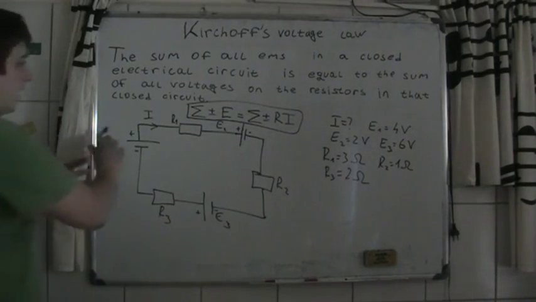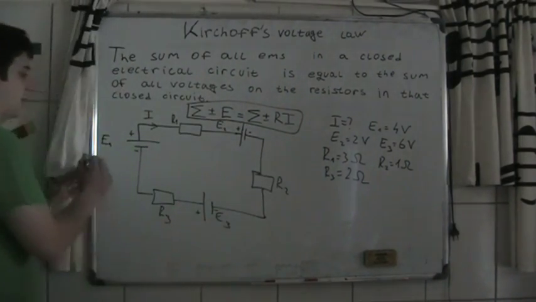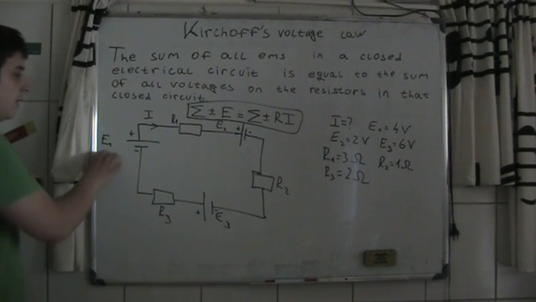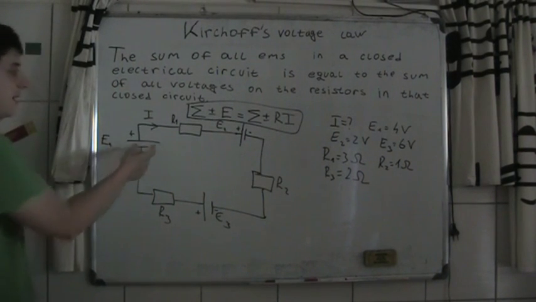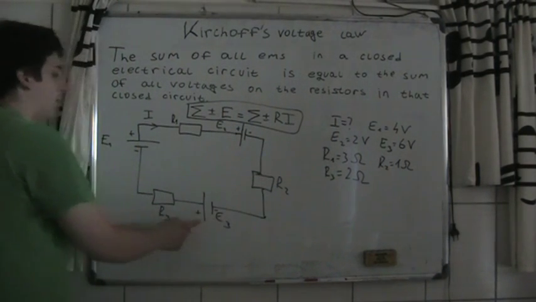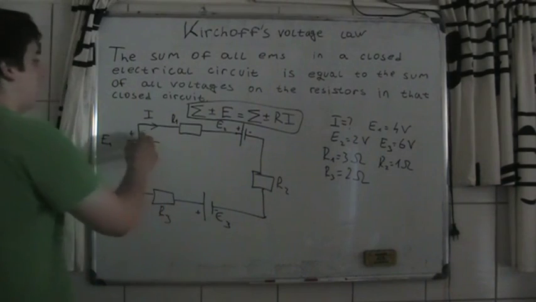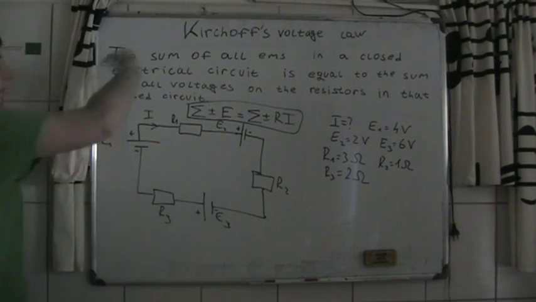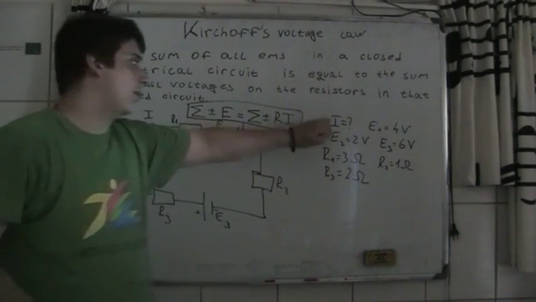So let's do one example. You can write this electrical circuit down. Here you have E1, this is plus and here minus, R1, E2 with plus and minus, R2, plus, minus, R3, and the current is going in this direction. So we have to find the current.